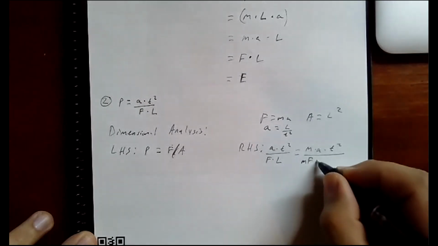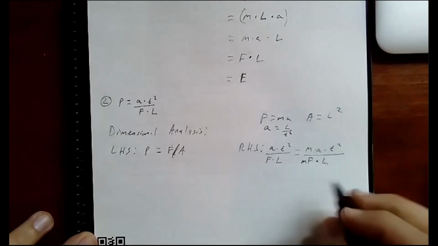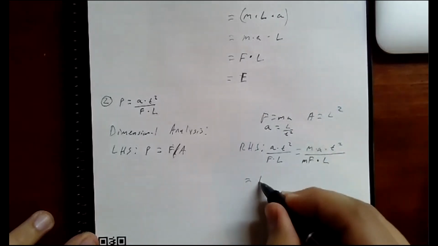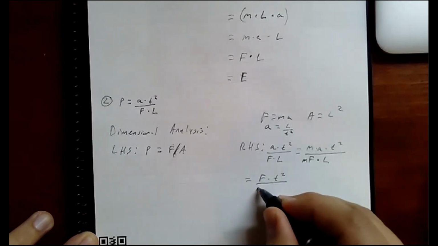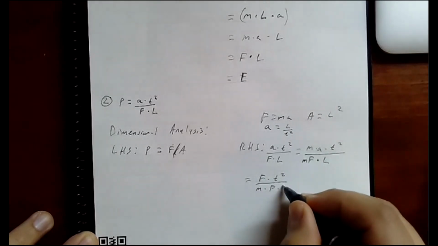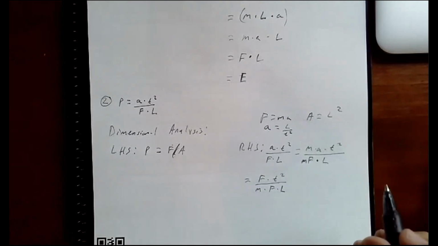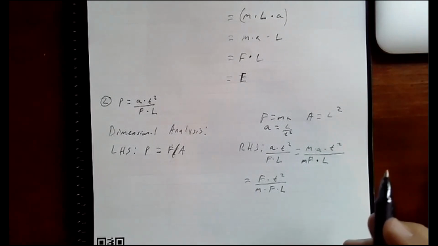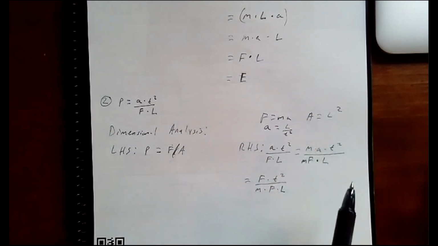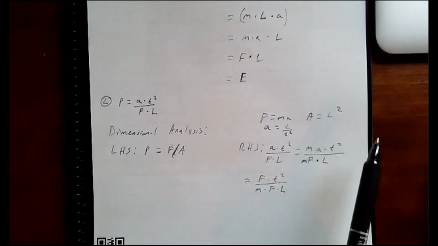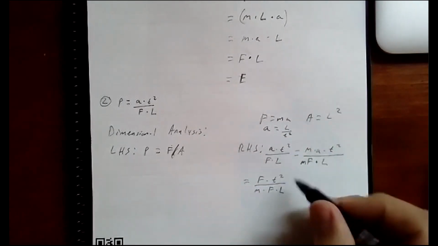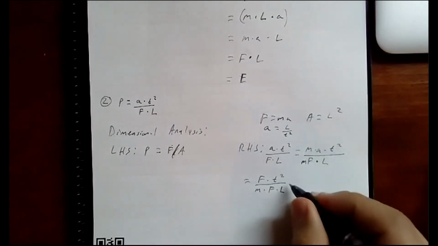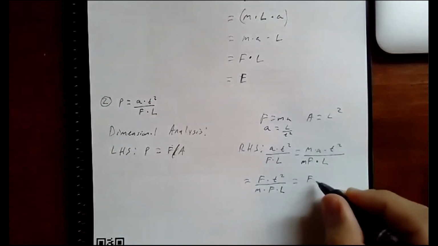So I introduce the M on the top and bottom, right? So now this will be F times T squared over M times F times L. Okay. So now I need an A. So let's see what we can do. F technically has, here we go.